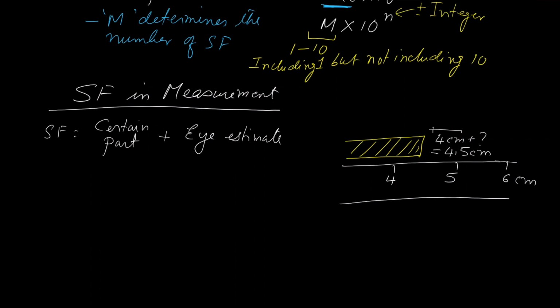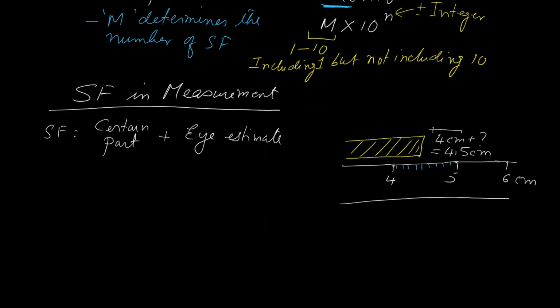Now, if I take a different ruler, where there are 10 divisions in between, then I can say that I am certain about 4.4 and there is a little bit extra here, so this is 4.4 plus something, and probably 4.45 centimeters.